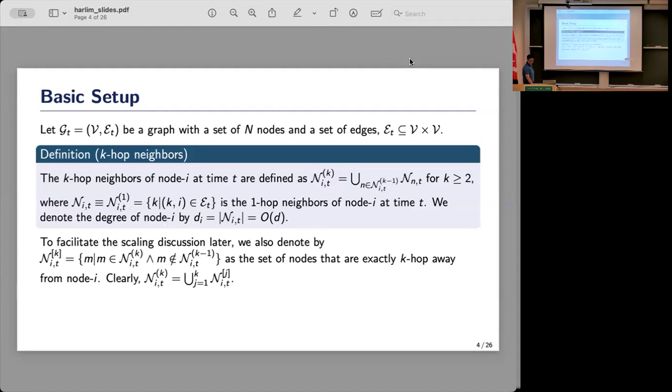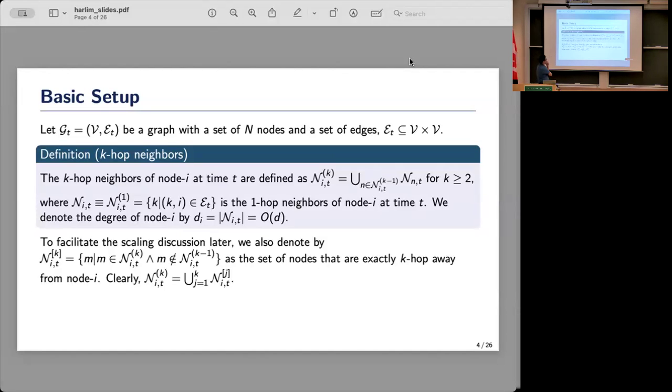So, okay, here's a sort of basic setup here. We have a graph being characterized by just the vertex and sets of edges. Those are basically standard. People in this field tend to characterize a system through the so-called K-hop neighbors. K-hop neighbors basically just means that a one-hop neighbor is my nearest neighbor, but two-hop neighbors are the nearest neighbors of that neighbor.